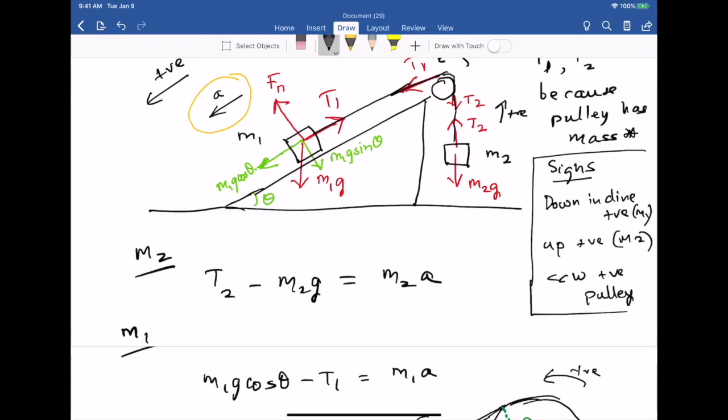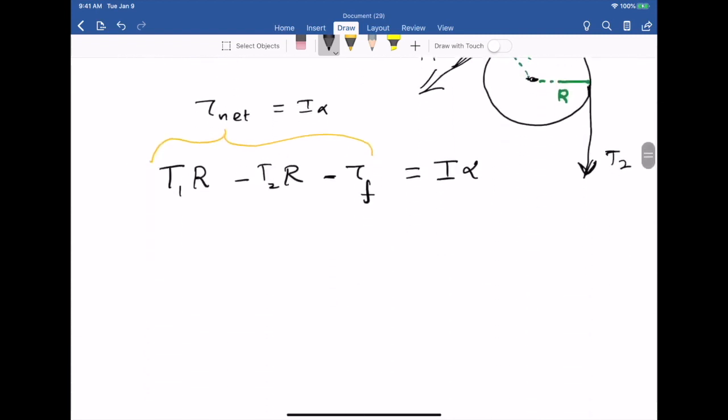So A is also the tangential acceleration of any point on the rim of the pulley, right? And we already know the relationship between tangential acceleration and angular acceleration: A tangential is equal to R alpha. So alpha is equal to A tangential divided by R, because A tangential is just the acceleration of the masses and the rope.